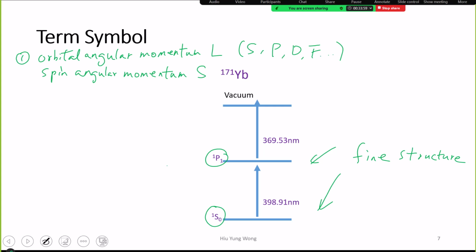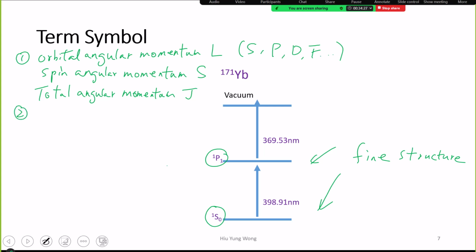It can have many different values because now it's a more complicated system, right? And then if you have angular momentum, you also have spin angular momentum. Then of course you have total angular momentum. And we call it J. So this is what you will see in the literature, right?